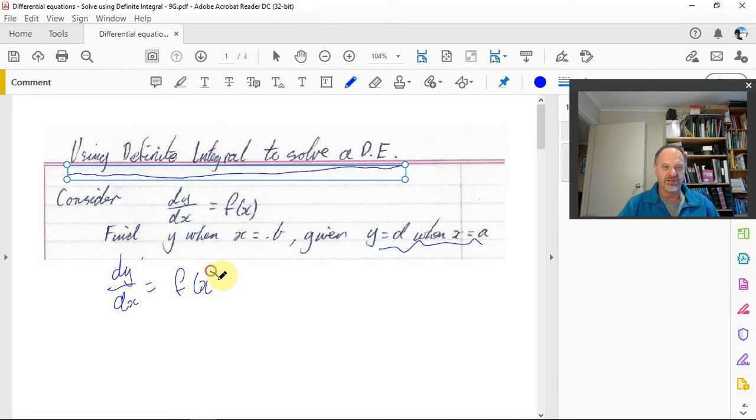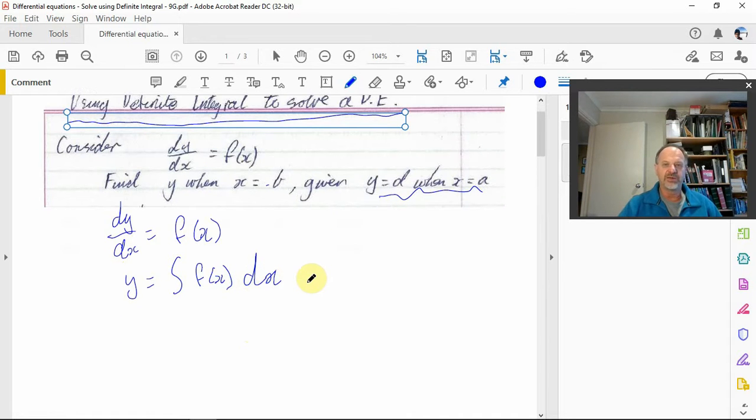is our gradient function. So normally what we do is say, okay, to find y, let's integrate that gradient function with respect to x. And of course, if we're doing that from a to b, we've got big F here as our antiderivative of little f, and we're going from a to b.